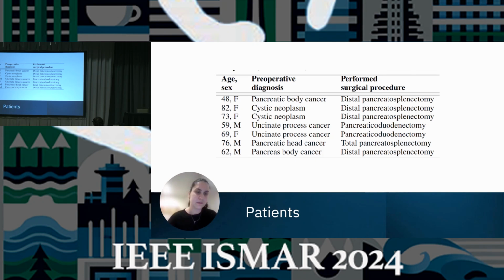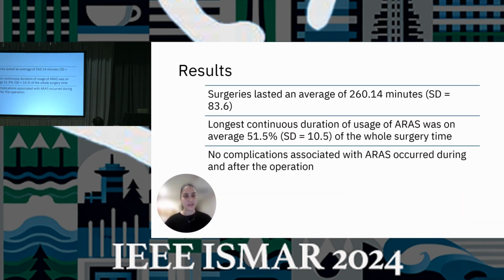What we observed was that the surgeries usually lasted about 260 minutes, and the system was used for more or less half of the surgery. This is in line with our pre-designed questionnaire, where they defined the need for the navigation system more in the initial phases of the surgery and not after resection, because they already see the important structures afterward.